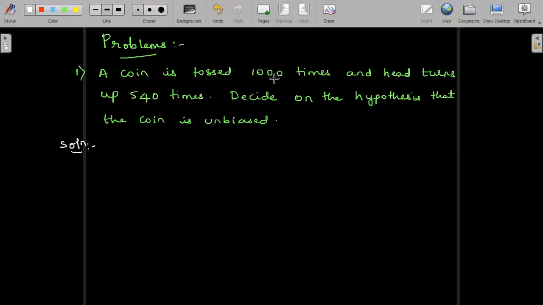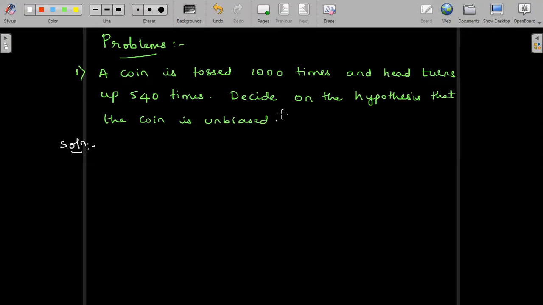We have to decide on the hypothesis that the coin is unbiased. Unbiased means a fair coin whose probability is 1 by 2.